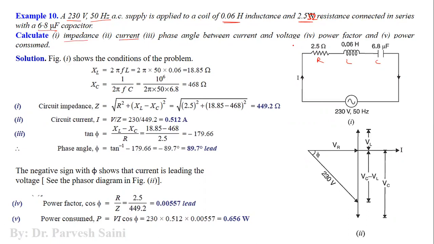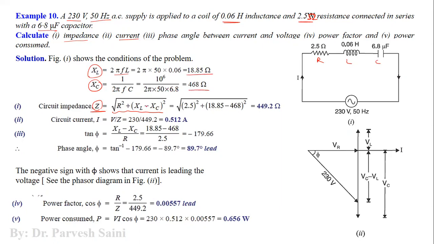Now, the impedance is given by this particular formula, under root R square plus the difference of the two reactances and their square. Because R is already given, we need to find out the value of XL and XC so that we can find out the value of Z. So XL when calculated is equal to 18.85 ohm, and XC when calculated is equal to 468 ohm.